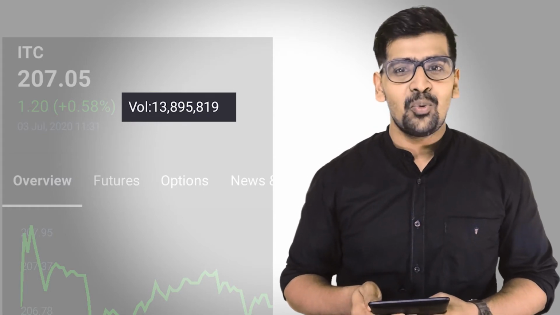Just to the right of the last traded price, you get to see something called volume. Volume is a very important indicator of the liquidity of the stock. We will see why and how very shortly. A trade occurs only when a buyer and a seller are agreeing at a certain price. If only 5 shares are traded in a day, it means that the volume of that day's trade is only 5.